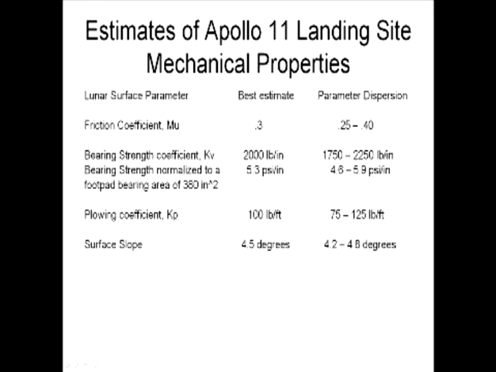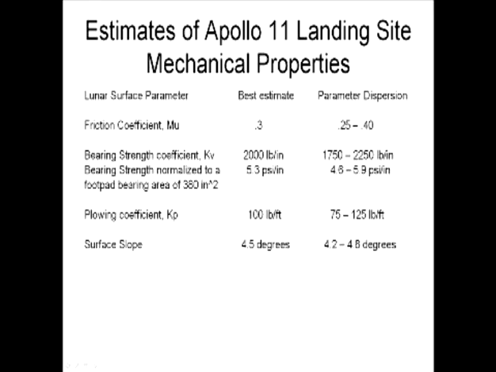And if you do all of that good stuff, here's the range of parameters that you have. 0.3 for the friction coefficient. Our range varied from 1/4 to about 0.4. In my judgment, I said, okay, I think 0.3 gives the best correlation. And then I said, what's the bearing capacity? Turns out it's about 5.3 psi per inch.